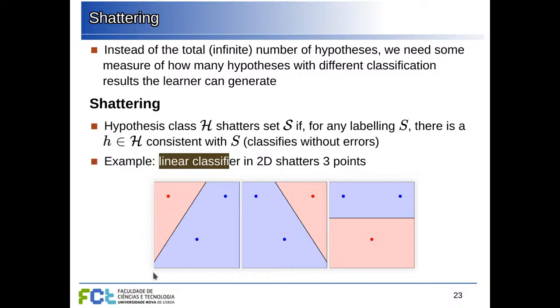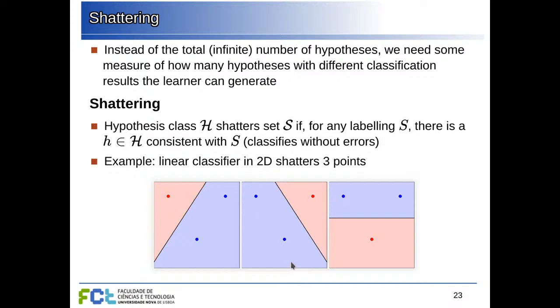We just put the line outside to one side and we classify the points all with the same color. If one point has a different color than the other two, we can also solve the problem. So if there is one red and 2 blue, we can draw the line there. If we switch the colors, we can just switch the side, but it's the same thing. And it doesn't matter what the colors are for the points. If we are using a linear classifier in 2 dimensions, we can always shatter this set of 3 points.